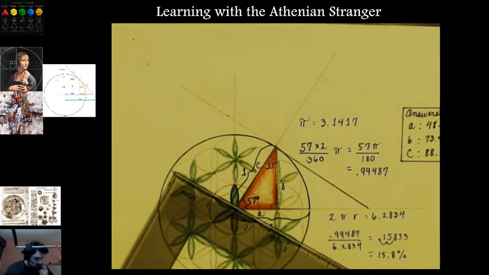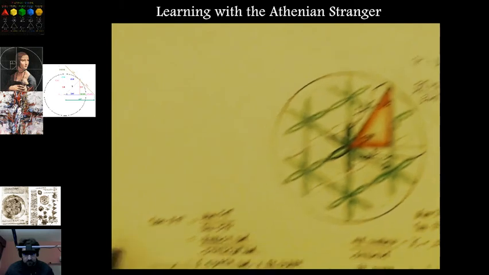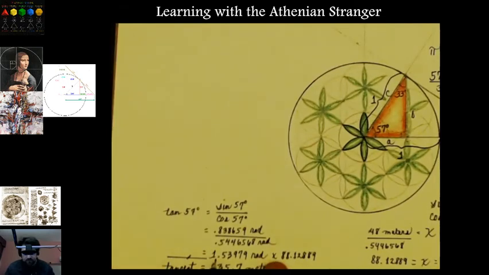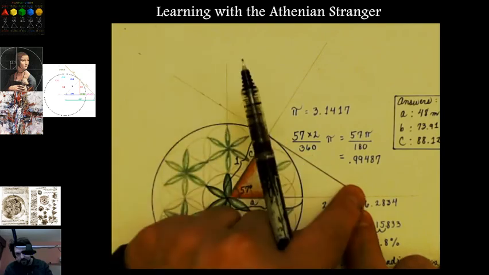And that is equal to, for a unit circle of radius 1, tangent of 57 degrees equals 1.53979 radians. Okay, that's this distance right here.